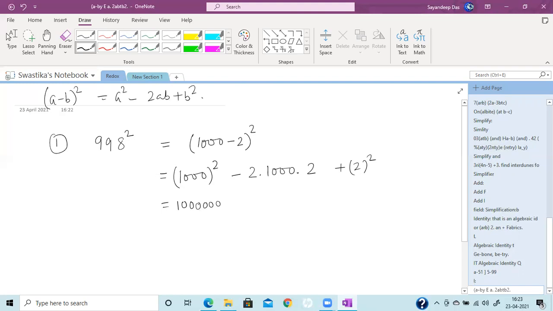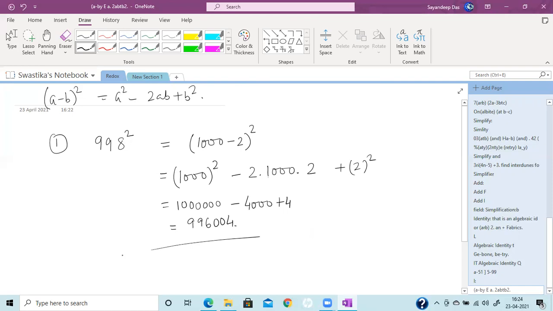This is equal to 10 lakhs minus 2000. 2 into 1000 is 2000, 2000 into 2 is 4000, plus 4. So if you calculate, you will find the answer as 996,004. This is the value of 998 square.